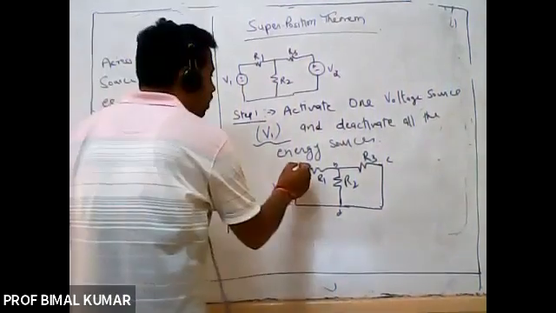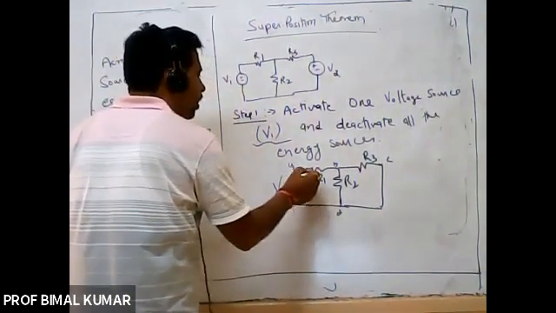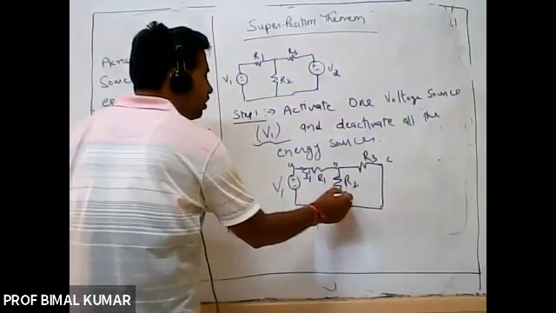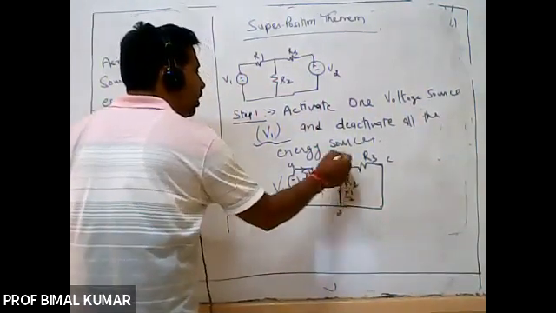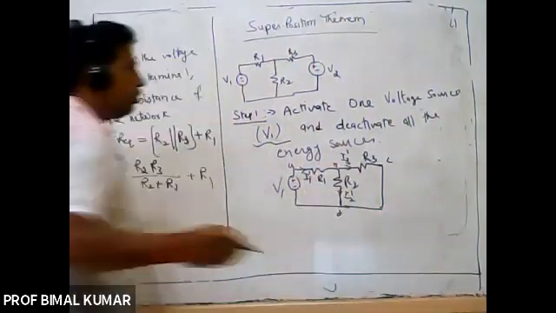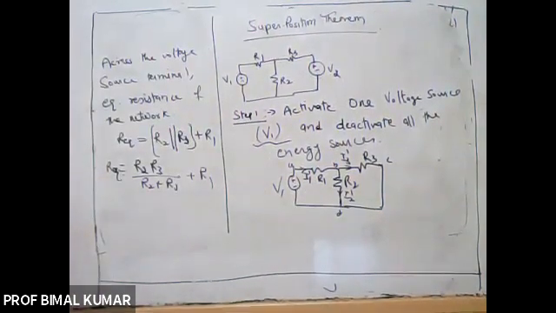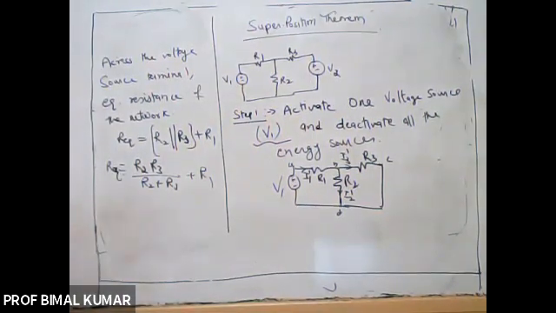Now let us say I1 dash is the current in this branch, I2 dash in this one and here I3 dash. This is the magnitude of the current I1 dash, I2 dash and I3 dash. Fine.